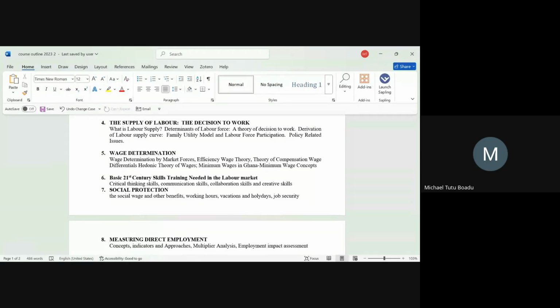Before somebody gives you a job, or you apply for a particular job, or you accept a job offer, if you are able to answer the question of should I participate, the next question you ask yourself is at what wage.